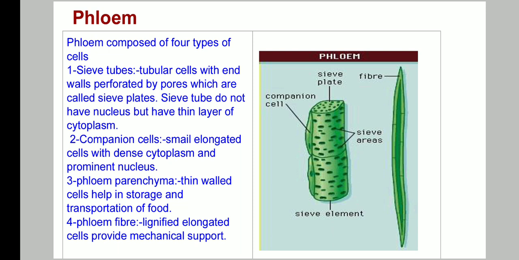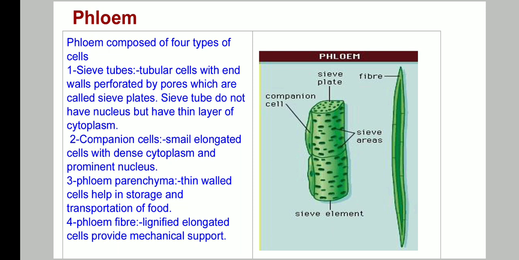If any plate has holes, that is called perforation. So you can see at the end of the sieve tube the sieve plate which has these holes, and that is called a perforated sieve plate. Sieve tubes do not have a nucleus but have a thin layer of cytoplasm. So a sieve tube does not have any nucleus.